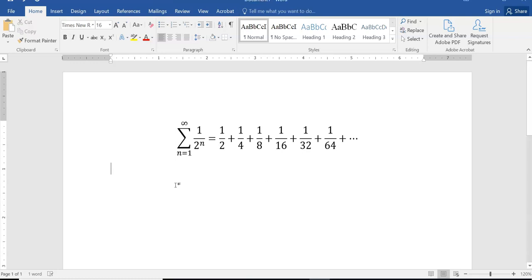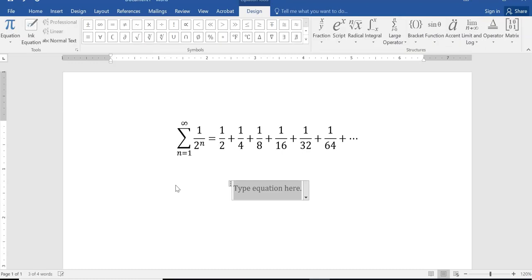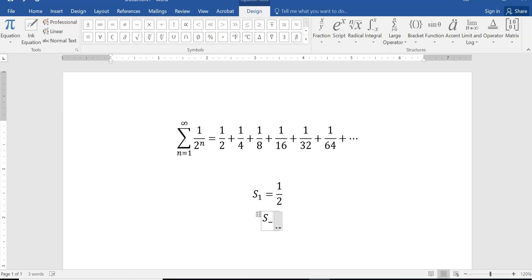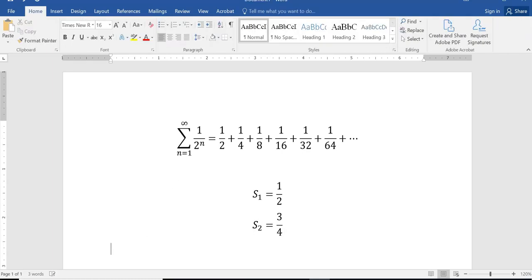If we're looking at the partial sums, S1 is a half, and then S2, the sum of the first two terms, will be 1 half plus 1 fourth. If you add those together, that's 3 fourths.